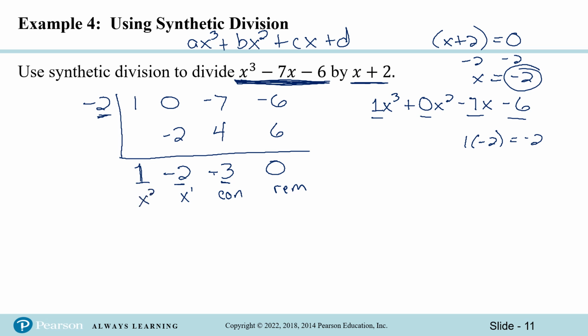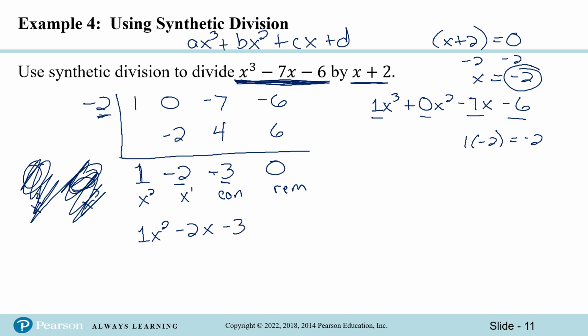X squared, and if I had something over here, then I would have an x cubed. I would just keep on going if I had more numbers. But I don't have those. So I would have 1x squared, negative 2x, minus 3, and my remainder is 0. So I don't need it.